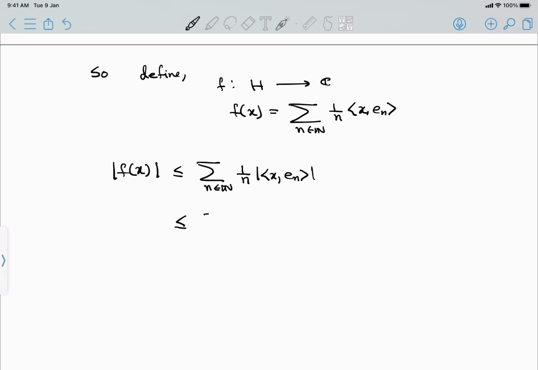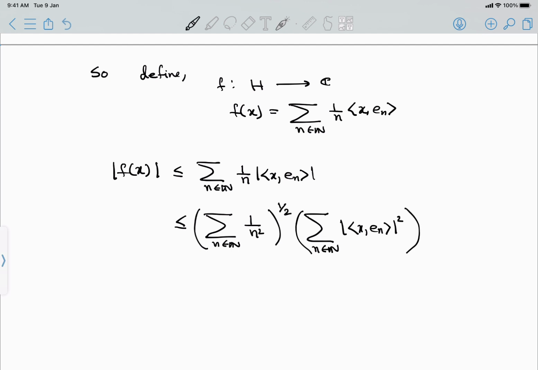Using Cauchy-Schwarz, you will get the summation of 1 by n square to the power half, times the summation of the mod square of the inner product of x with En to the power half.